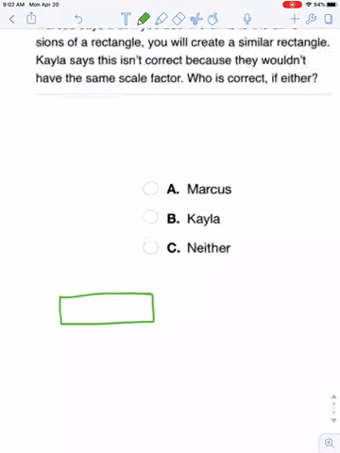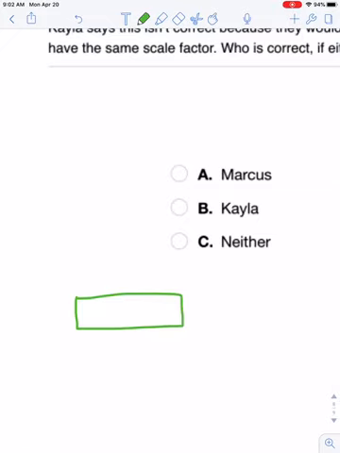Okay, so we have some rectangle. Let's just say this, we'll just make up a side. That's 2, that's 8. Now we're just going to add 2 to the dimensions on both sides. So 2 and 2. So this new triangle will have 4 and 10.